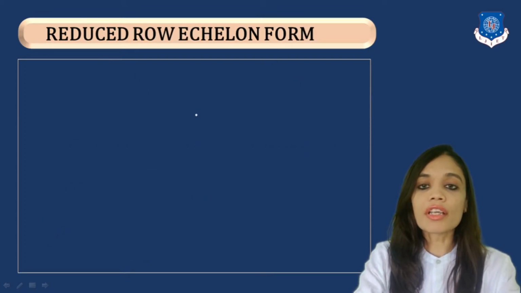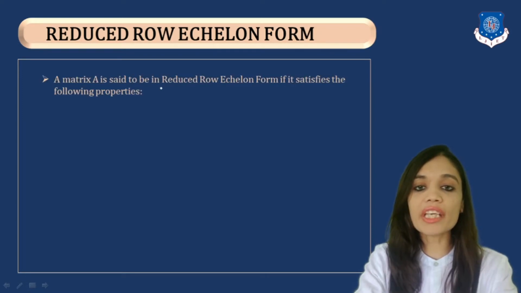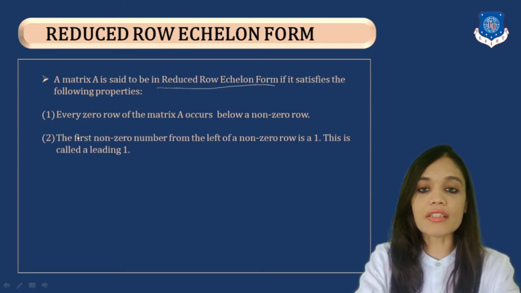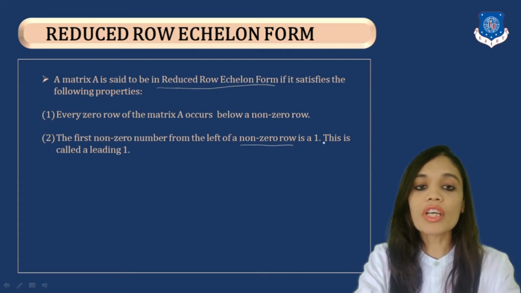Now the next topic is reduced row echelon form. This form is similar to row echelon form with minor changes. A given matrix is said to be in reduced row echelon form if it satisfies the following properties. The first property is every zero row of a matrix occurs below a non-zero row. This is a similar property as in row echelon form. The next property is the first non-zero number from the left of a non-zero row is a 1, and this is a leading one.